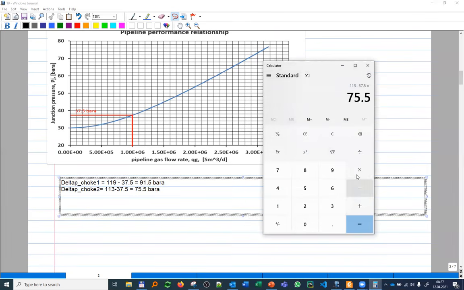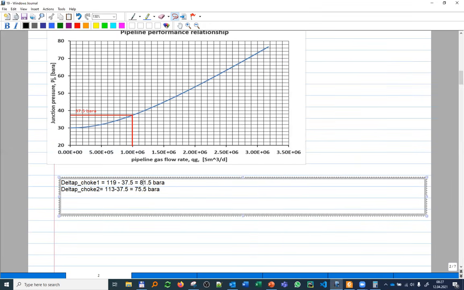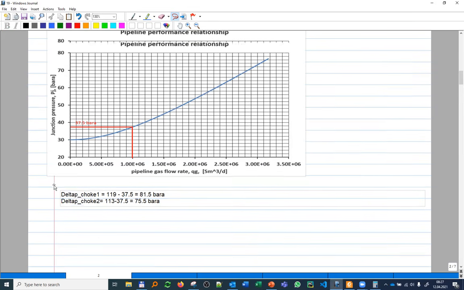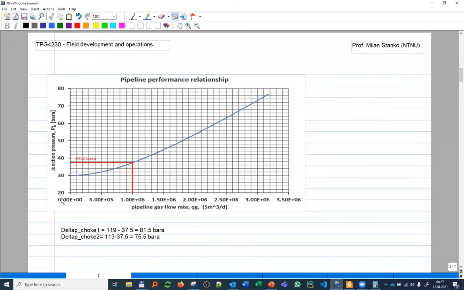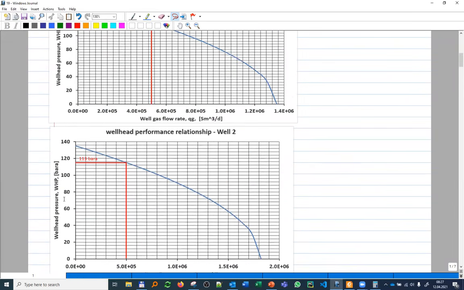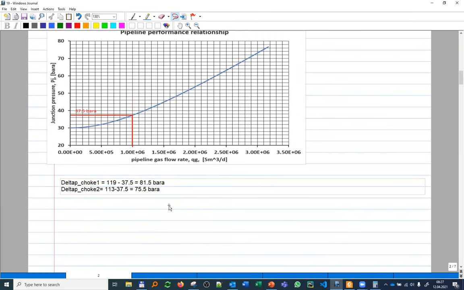There is an error with the other one. 81.5. Okay, and that's it. So we have solved the problem, and we found that yes, it is possible to produce 500,000, and this is the delta P of the choke.